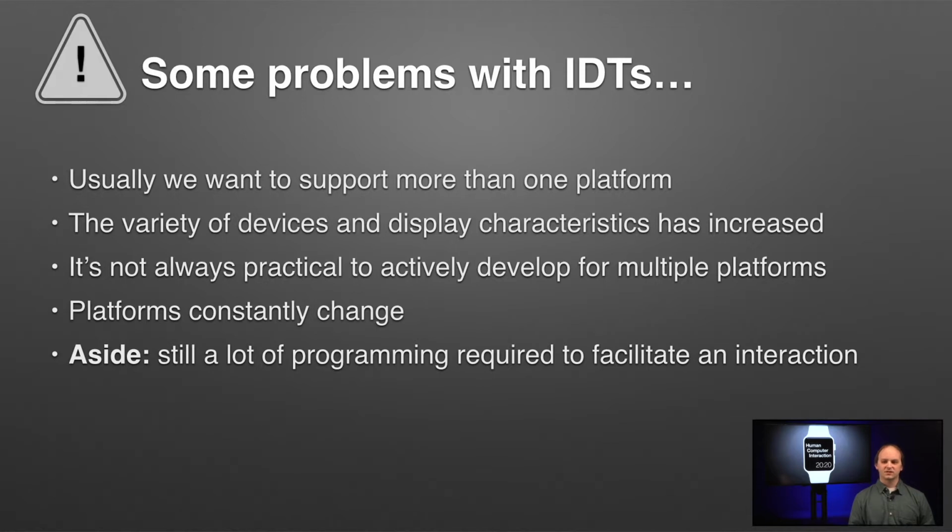We also discussed that there's a wide variety of devices out there. Sometimes the design tools just don't allow you to create something that is responsive to all of those devices that something might be experienced across.